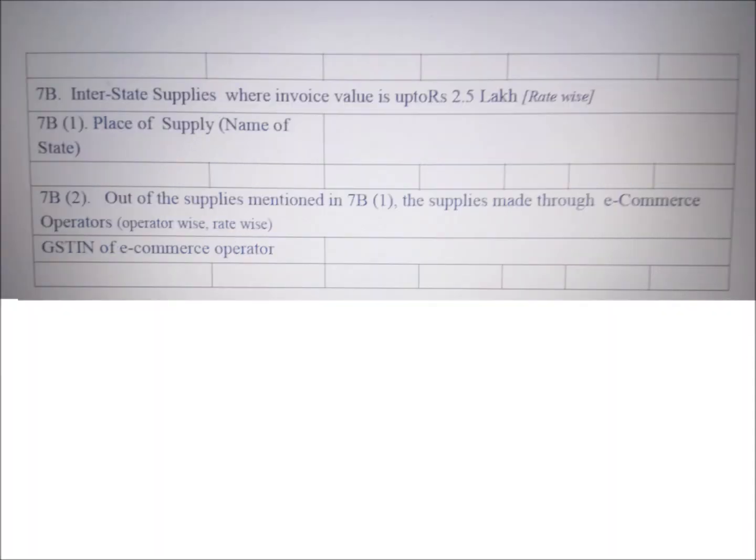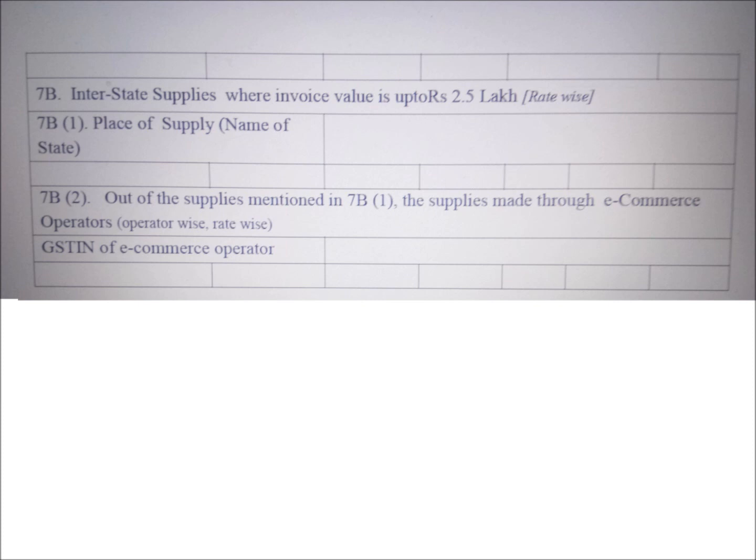Then comes Table 7b. In Table 7b, we disclose all the supplies made to small taxpayer in course of interstate transaction. Here we give information regarding B2C transactions, and here taxpayer is required to give place of supply, taxable value, rate of tax, IGST and cess.